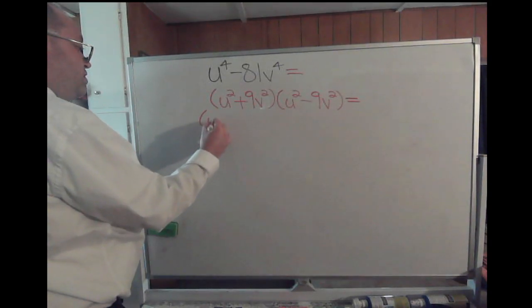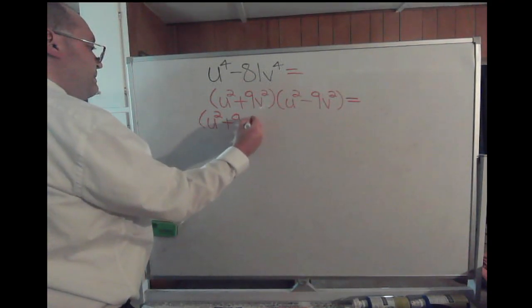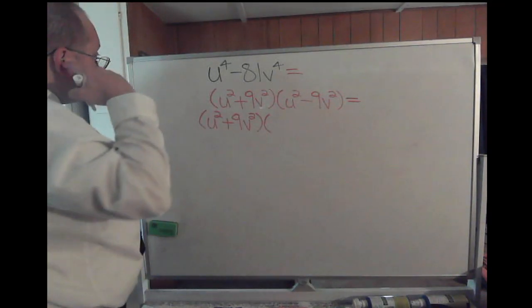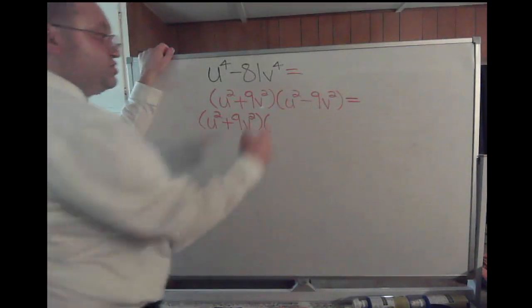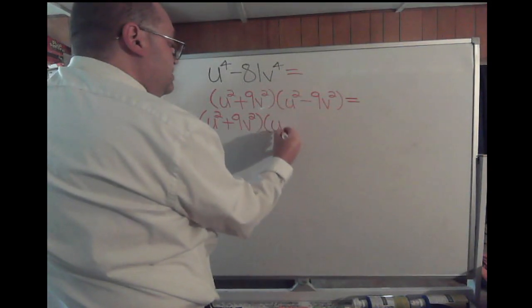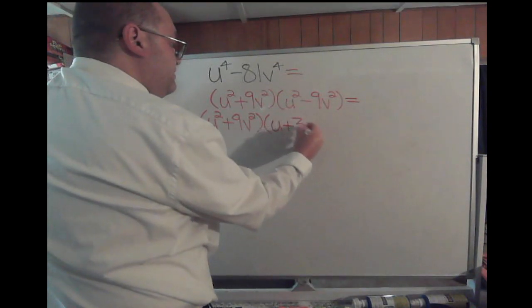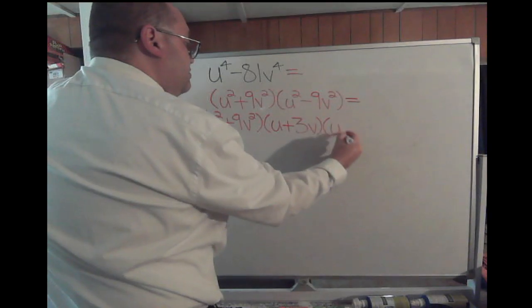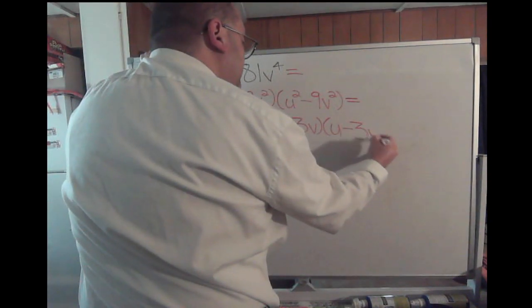You'll still have the quantity of u squared plus 9v squared. Now, let's do the factorization of u squared minus 9v squared. Square root of u squared is u plus the square root of 9v squared, which would be 3v, times the quantity of u minus the square root of 9v squared, which would be minus 3v.